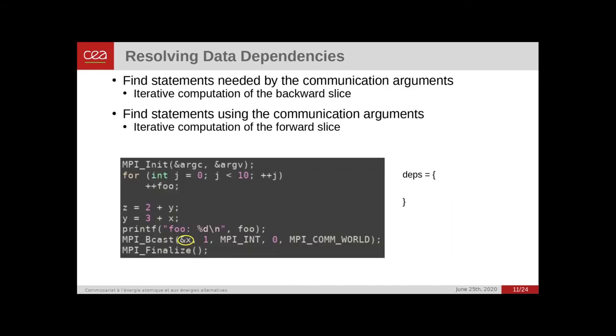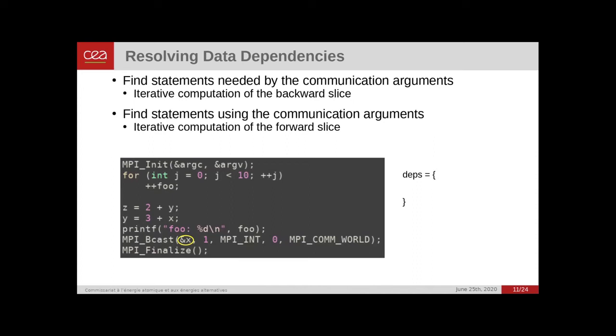So first, we also need to resolve the data dependencies, but this time we will not stop at the first dependency. Instead, for example, in the case of the initialization call, we have to retrieve every statement that comes before the call and that accesses one of the arguments of the communication.